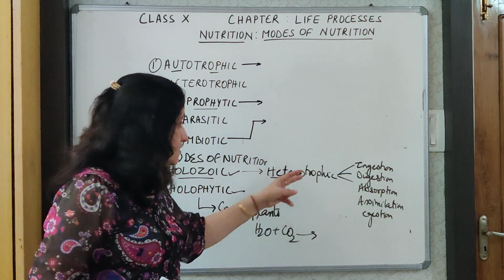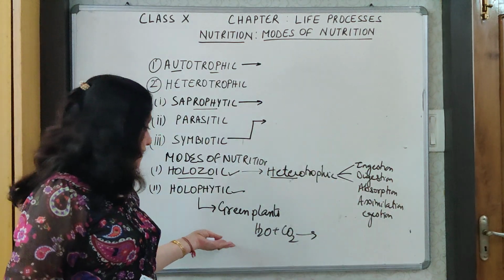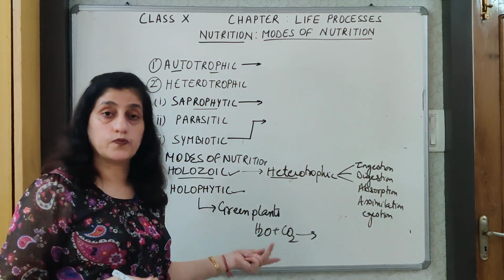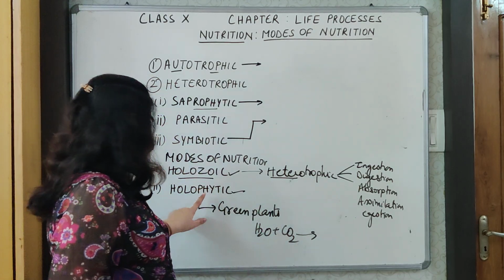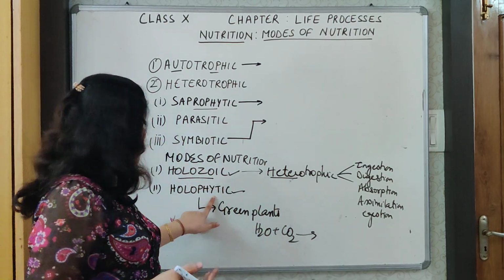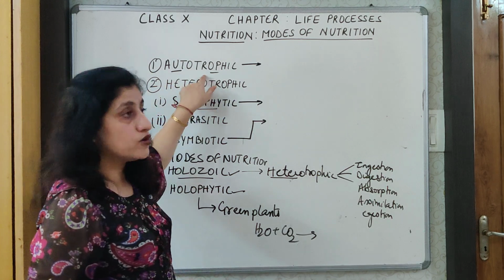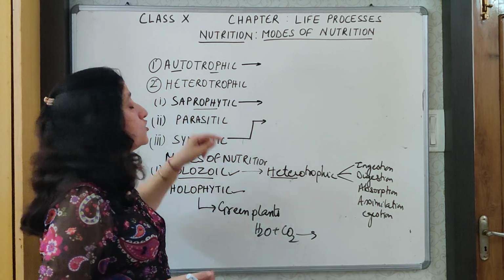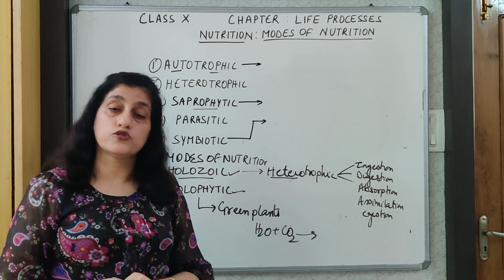There is no such digestive system seen in the holophytic mode of nutrition. So ultimately we can compare holophytic to autotrophic mode of nutrition and holozoic to the heterotrophic mode of nutrition.